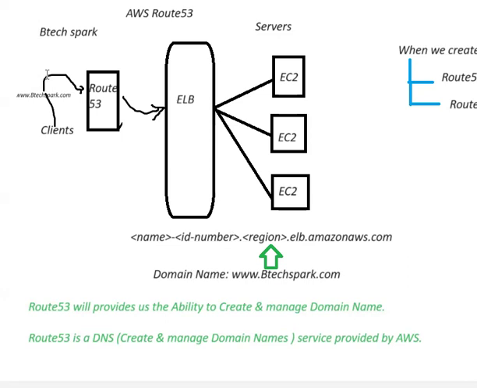Previously, you saw one file which is present under a private hosted zone. You cannot access it from your Google or Edge browsers. But if you open a website which is hosted under a public hosted zone, then it will be accessible by any client from anywhere.